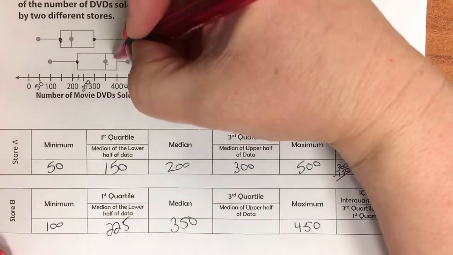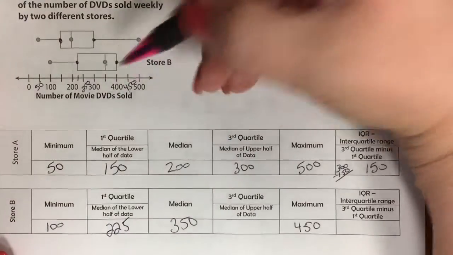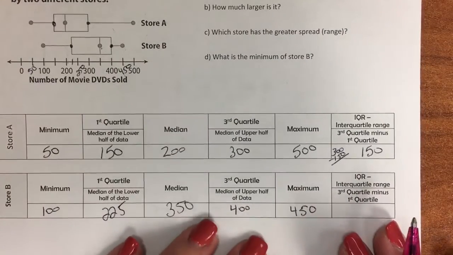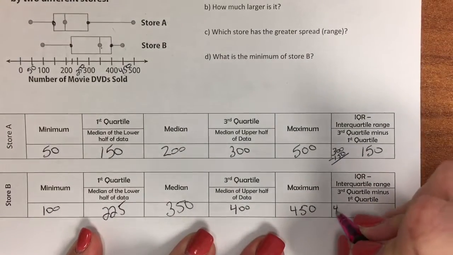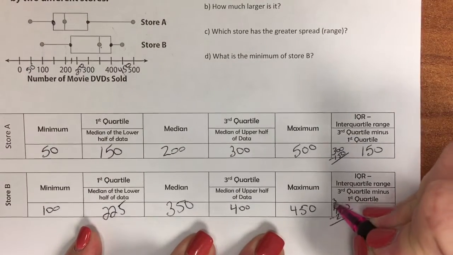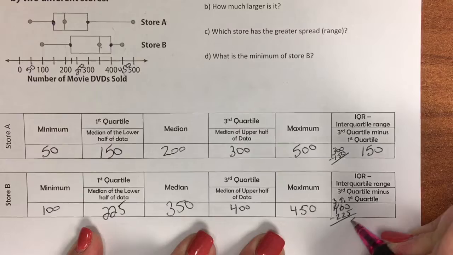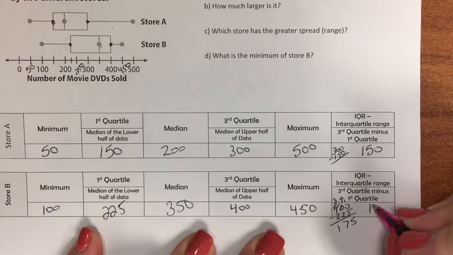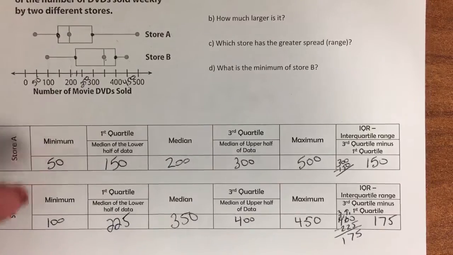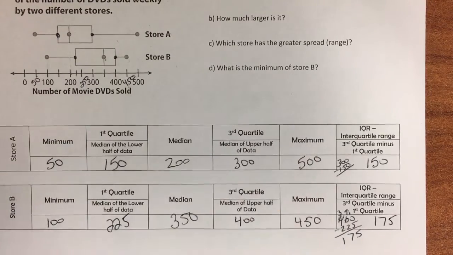And its third quartile is right there at the 400. And its interquartile range is going to be the 400 minus the 225. So when I subtract that, I get 175. Okay, so we can see the minimums of both stores, the maximum of both stores, the medians of both stores.